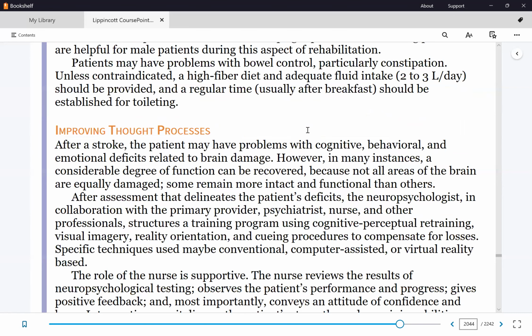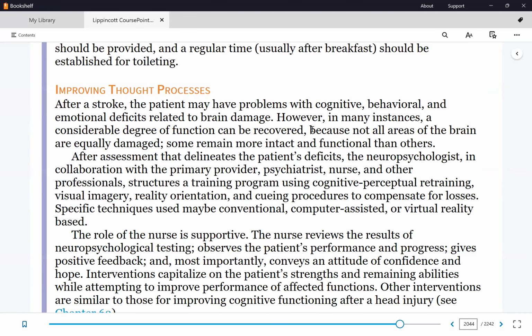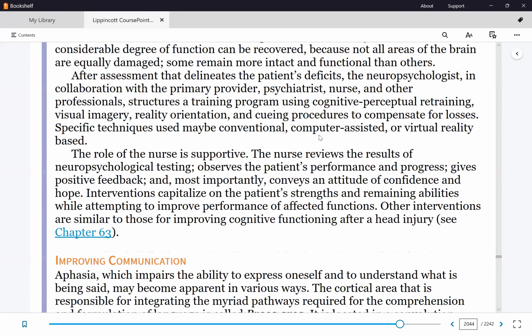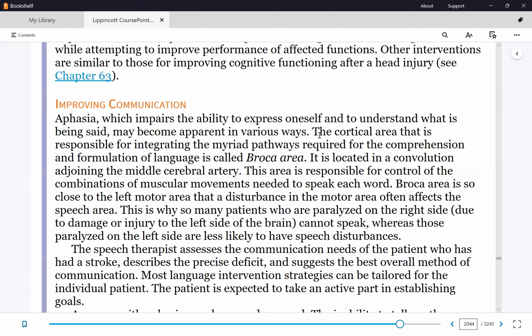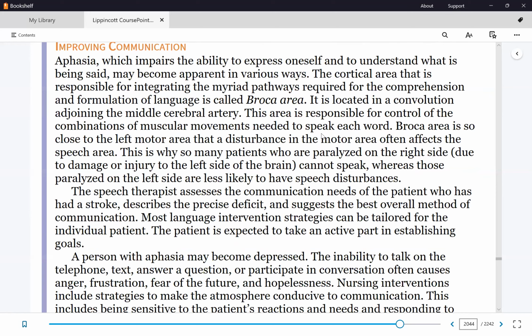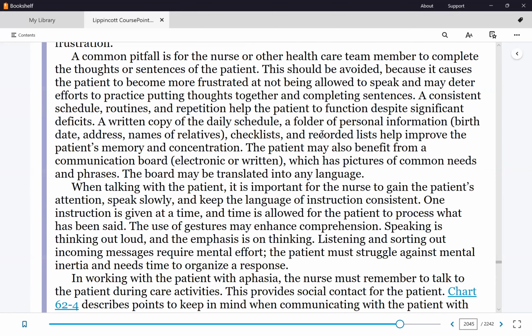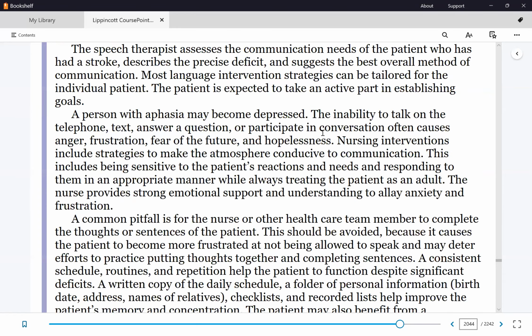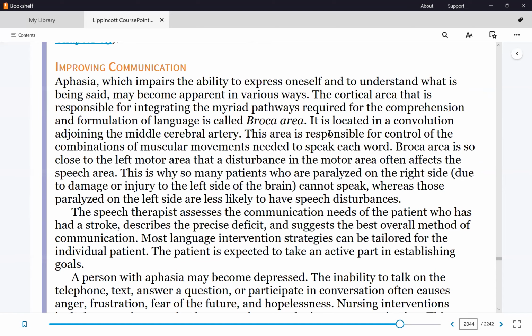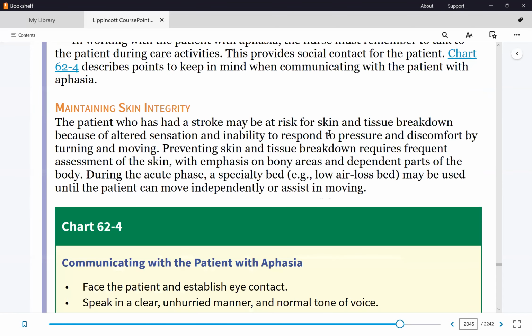This is pretty much exercise of the brain. This will be under the occupational therapy department. Communication, speech pathology department. We do have the responsibility of communicating with the patient.